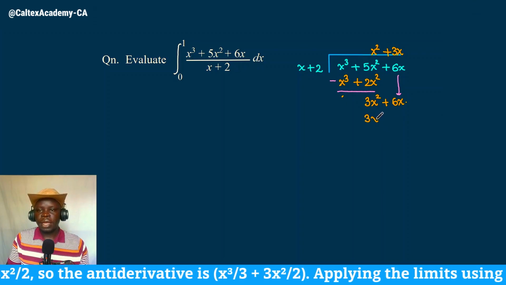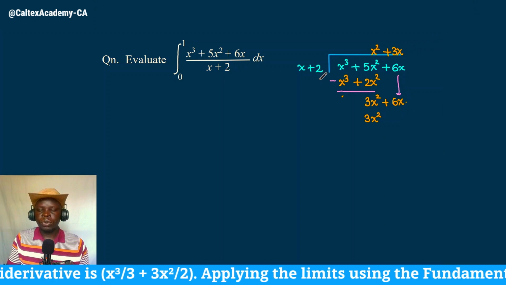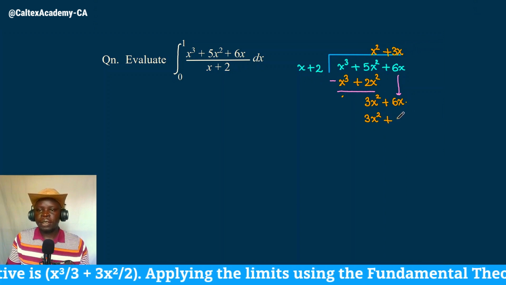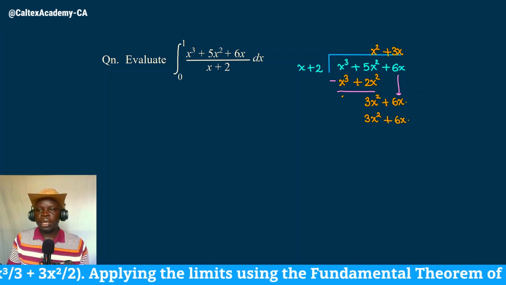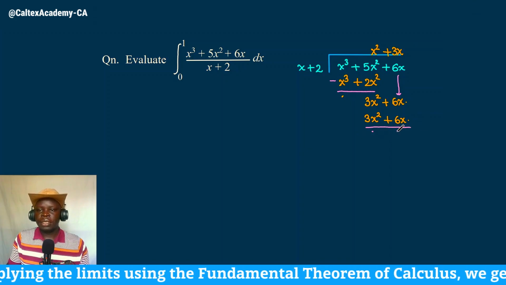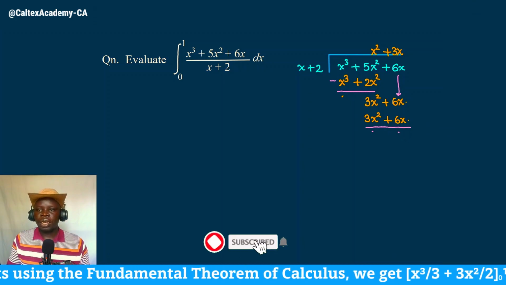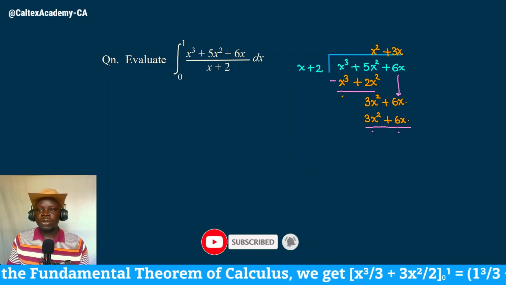So we also place it here, and multiply the same thing: 3x times 2, we get plus 6x. And here we make our subtraction. The good news is that we don't have any remainder. Now we can come back here and start making our solution.